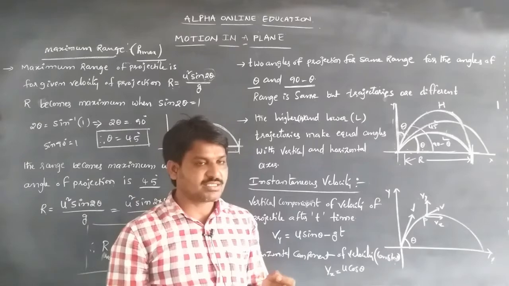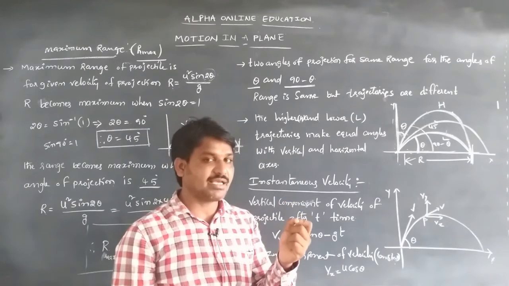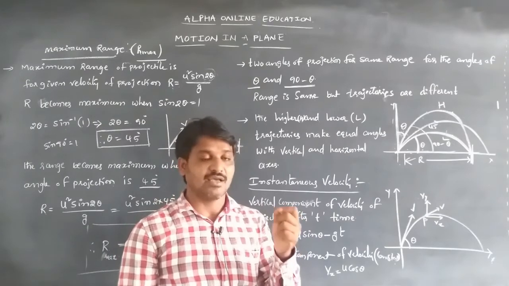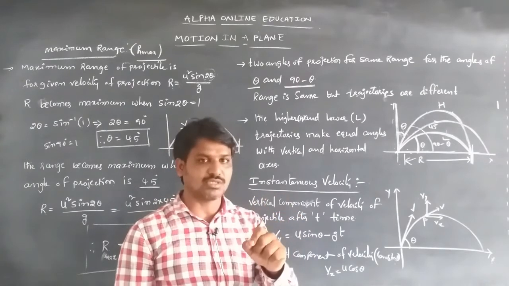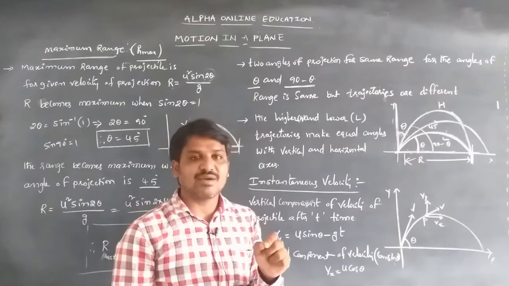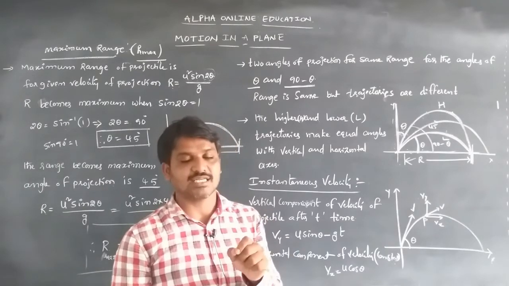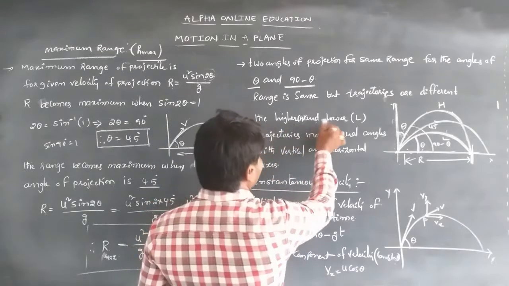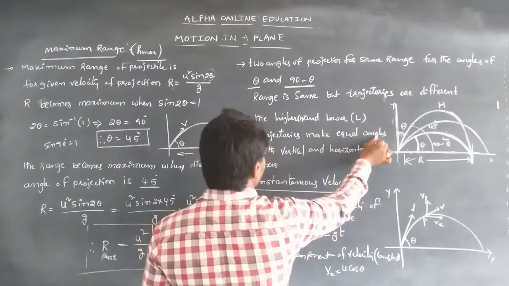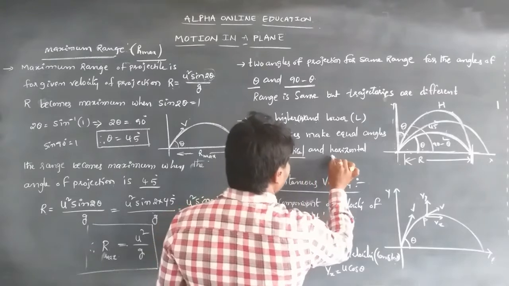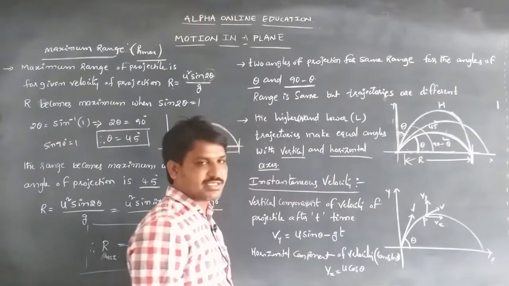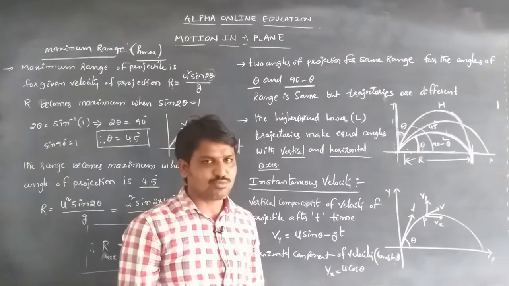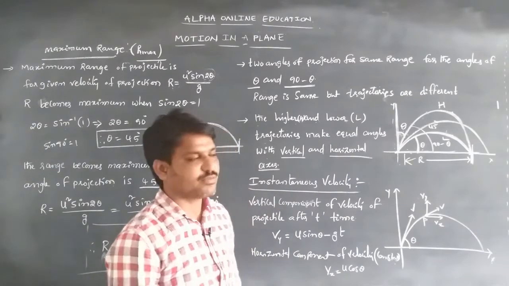One more thing: the angle made by the higher trajectory with the vertical is equal to the angle made by the lower trajectory with the horizontal. So the higher and lower trajectories make equal angles with the vertical and horizontal axis. These are important points for the 2 marks question and also for objective purposes.